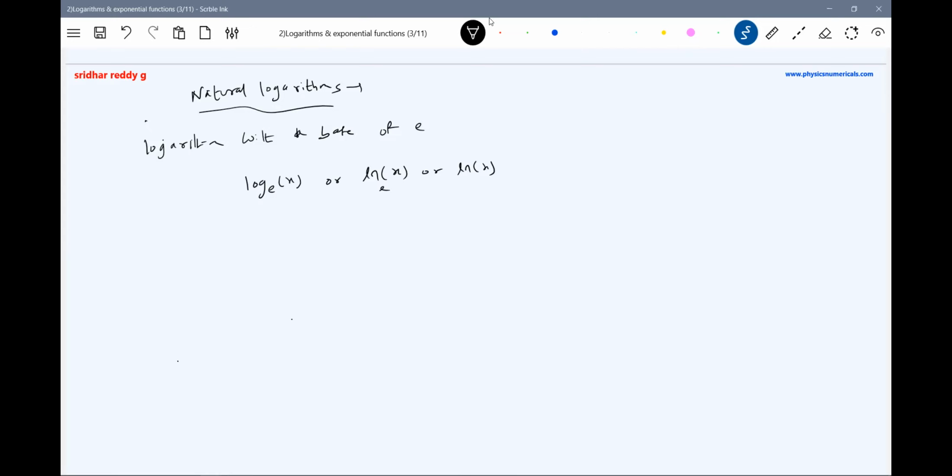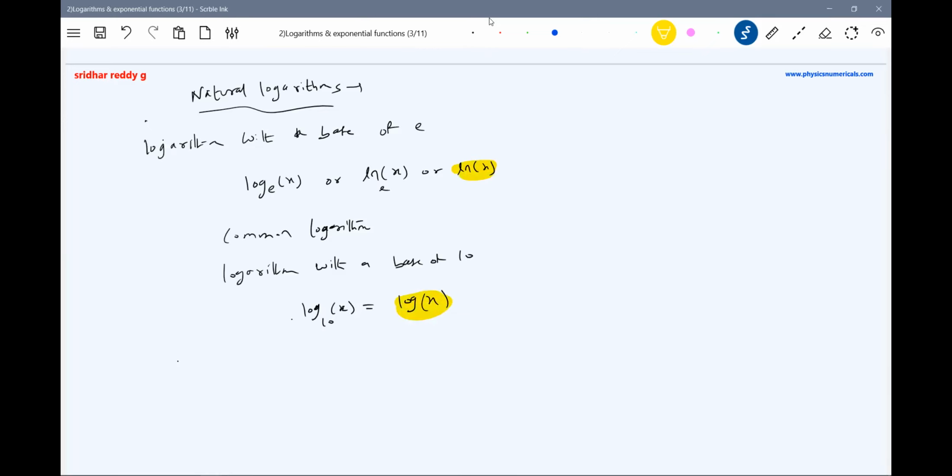Then we have common logarithms, logarithms with a base of 10. So log x to the base 10. We write it like this: if you write ln x, it is to the base e.